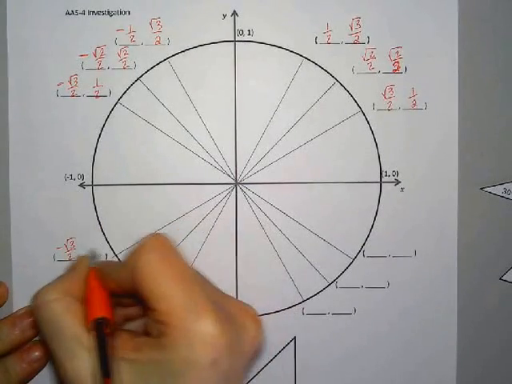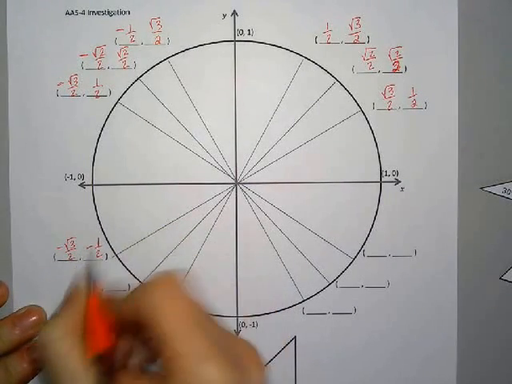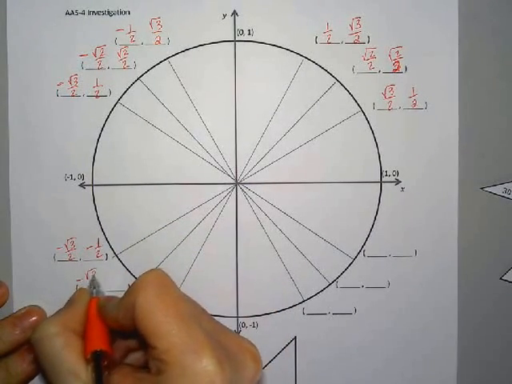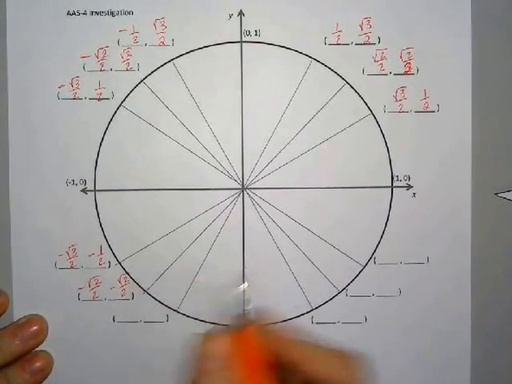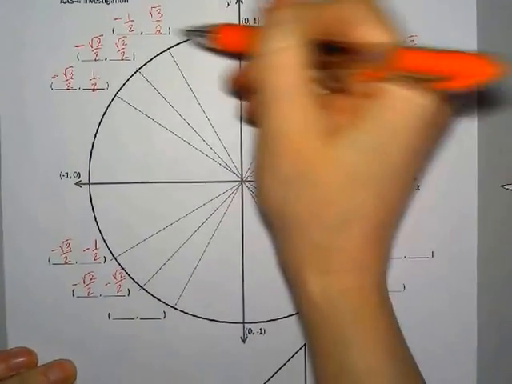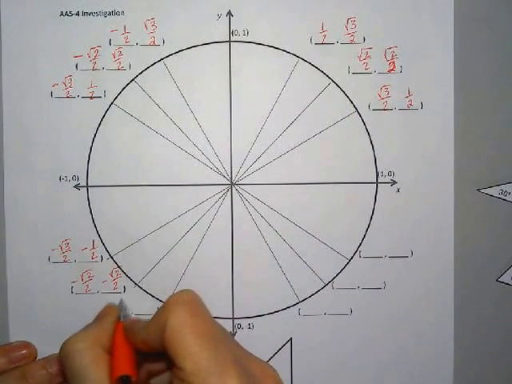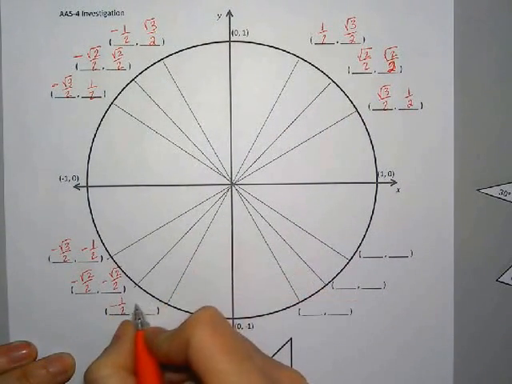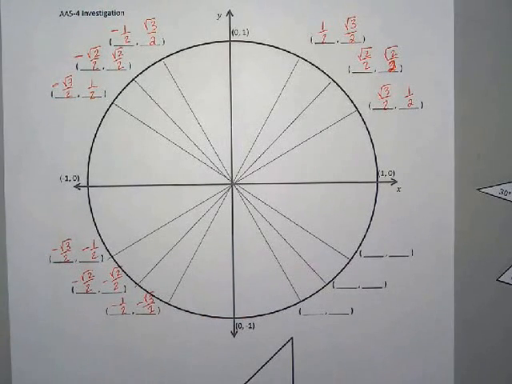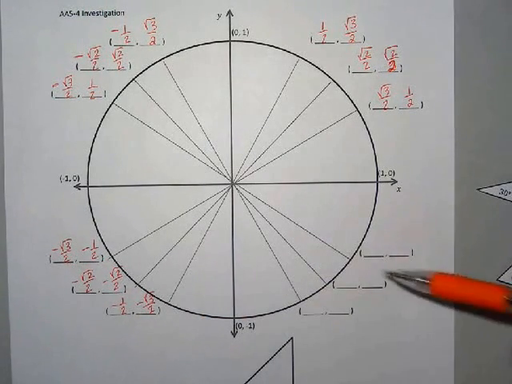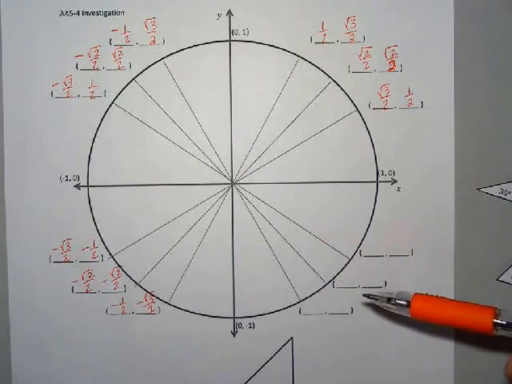As we move over this direction, our X's are positive and our Y's are negative. So 1/2, negative rad 3 over 2, rad 2 over 2, and negative rad 2 over 2. And then rad 3 over 2, and negative 1/2.